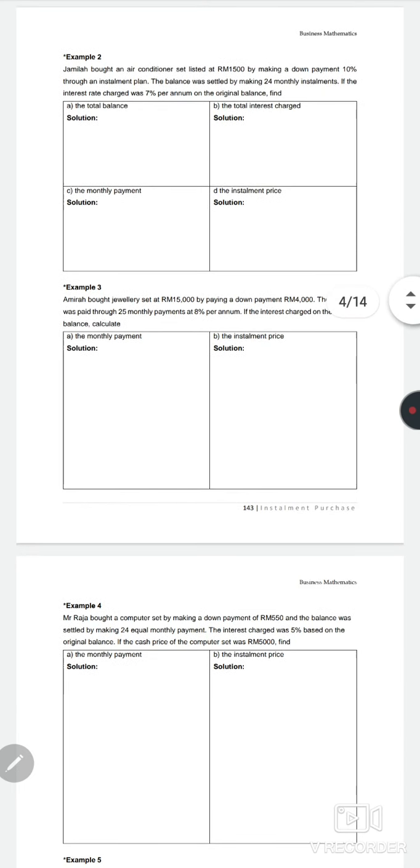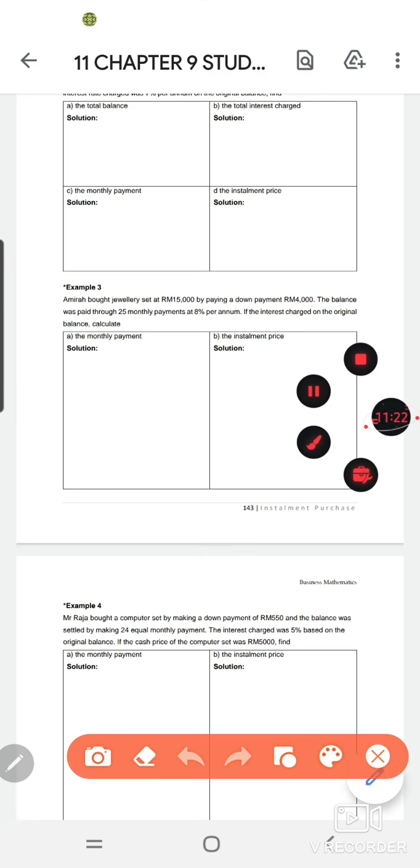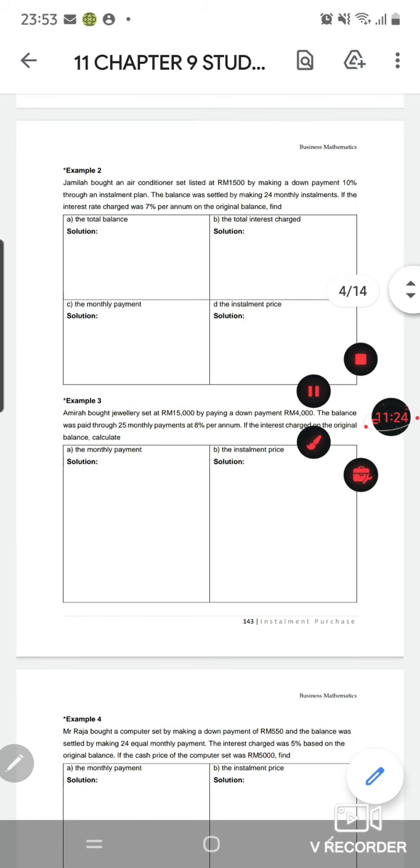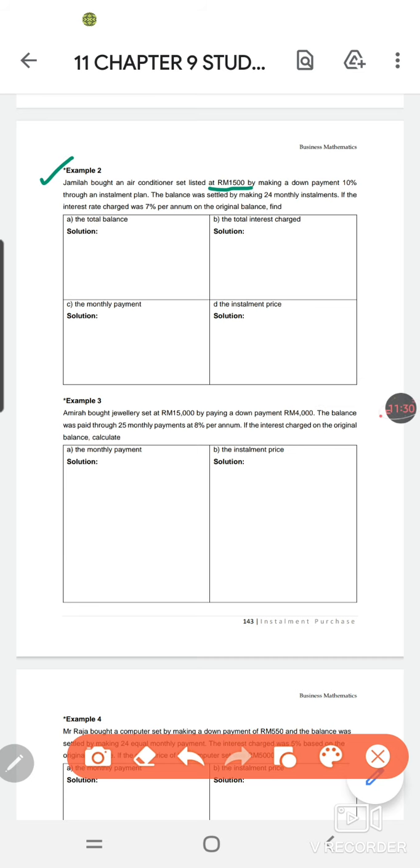Okay. So here you can solve for B. Let me have a look. Okay, this one you can solve as well, for example 2, it is the same. Here the original price is 1,500, with a down payment of 10% through an installment plan.